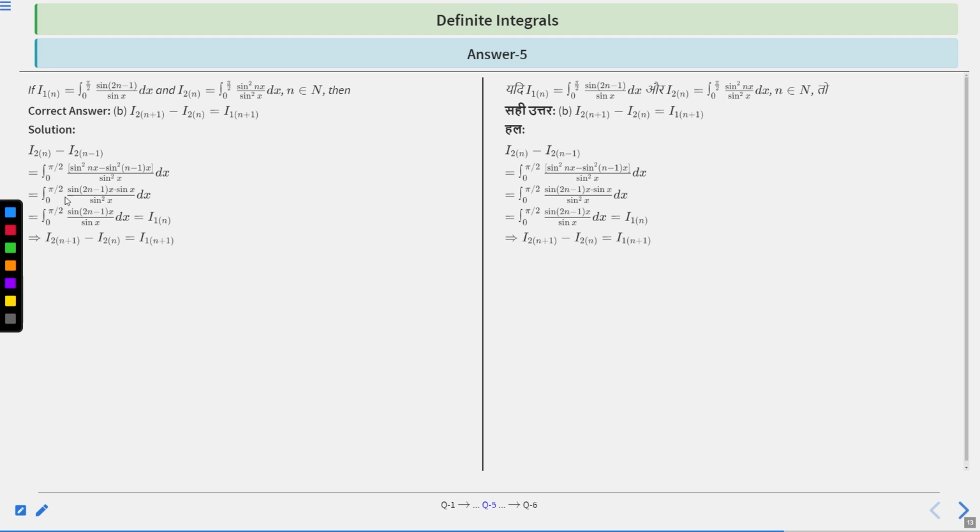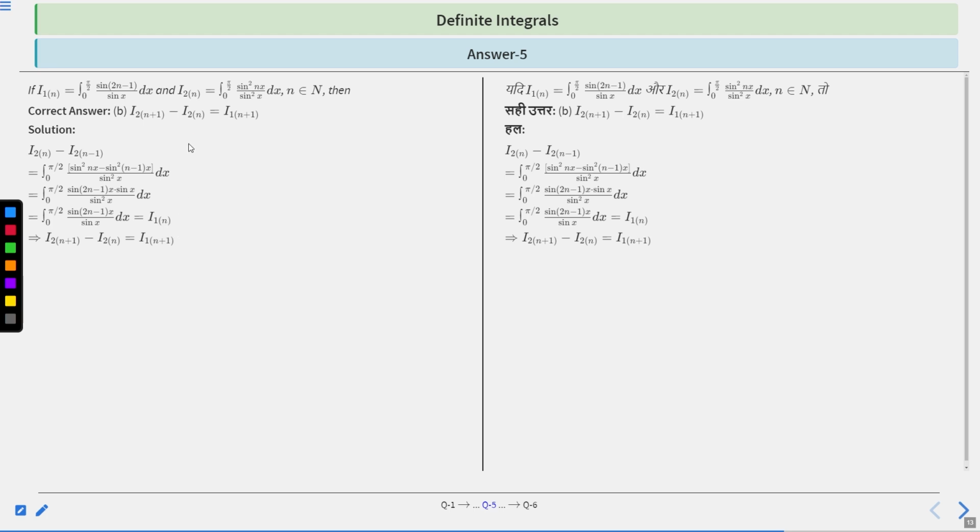Therefore, it is equal to integral from 0 to pi by 2 of sine (2n minus 1)x upon sine x, because one sine x will cancel out with sine square x. Therefore, this is equal to I1n. Clear? So we calculated I2n minus I2n minus 1, and it is coming out to be I1n.